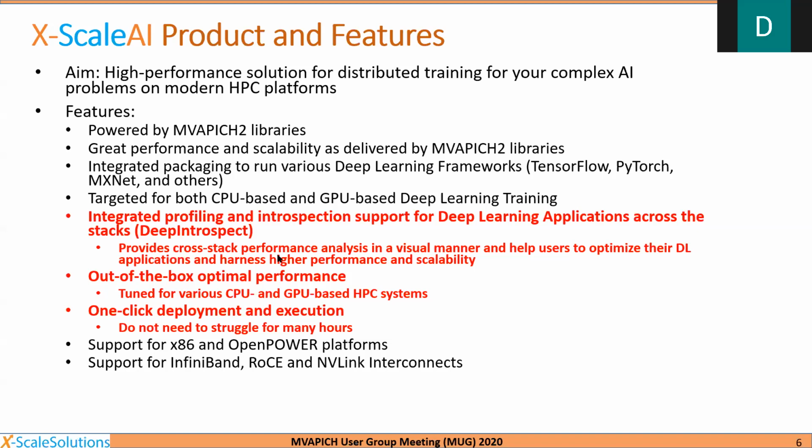We enable out-of-box optimal performance, and I'll give a simple demo on this, as well as one-click deployment and execution. This tool supports both x86 and OpenPower platforms. It supports InfiniBand, RoCE, and NVLink interconnects, which are the modern interconnects used in high-performance systems.